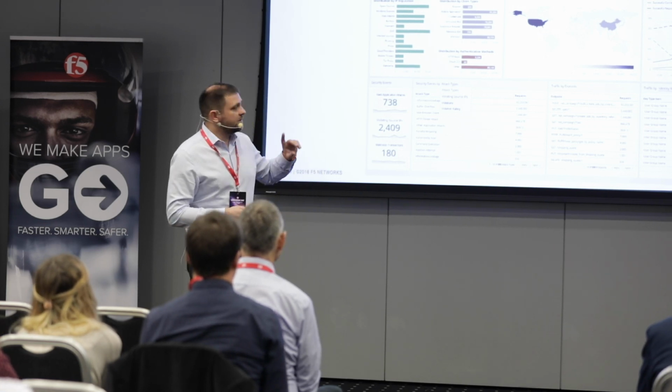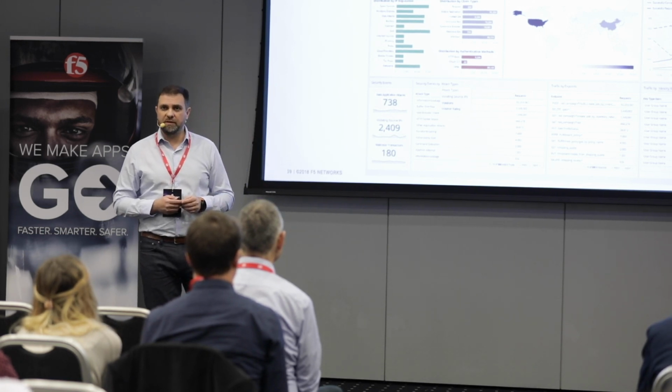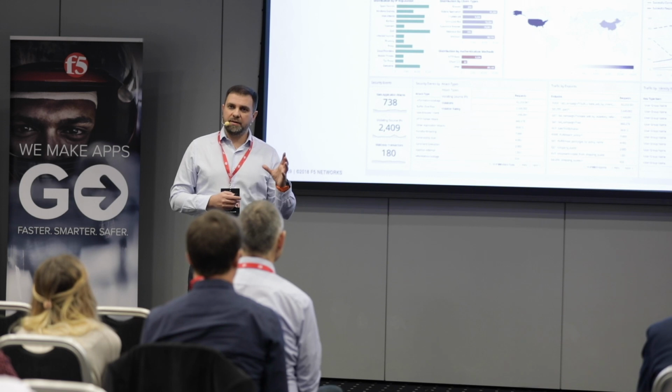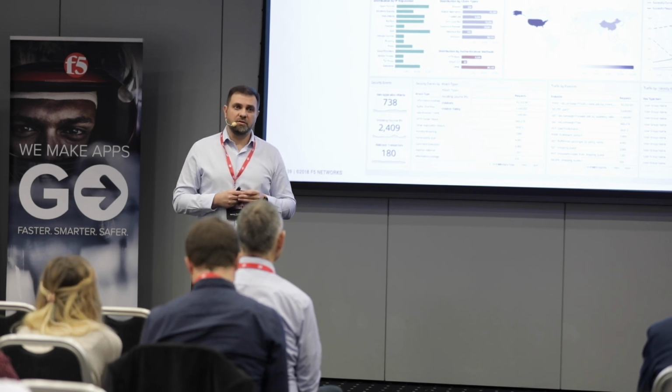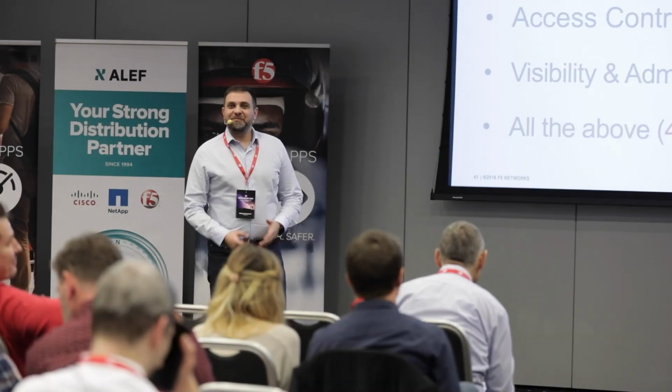So this is very important, and BIG-IP with the dashboard for the API calls will provide you all the information, and of course you will find information in the logs, in the AWAF log and also the APM log. Anyway, thank you very much.